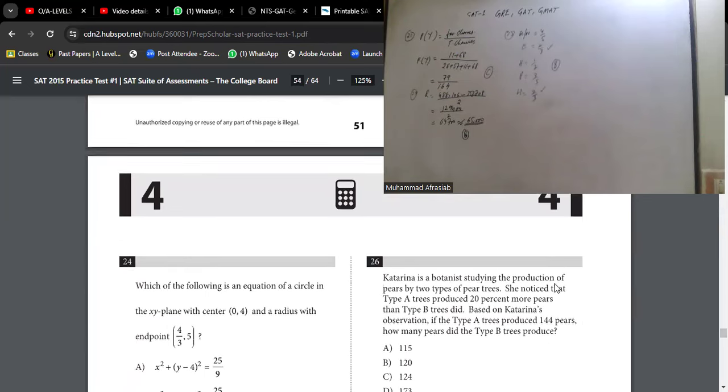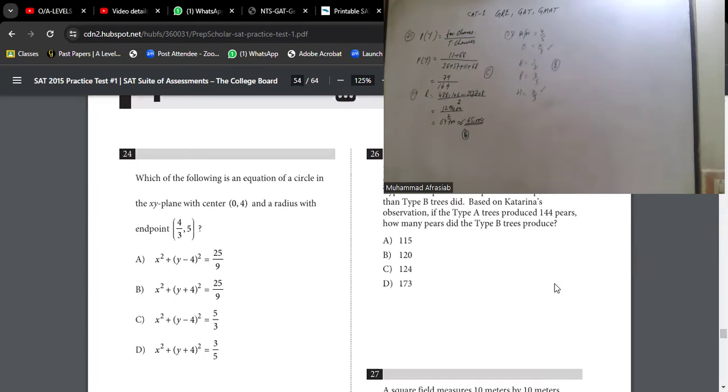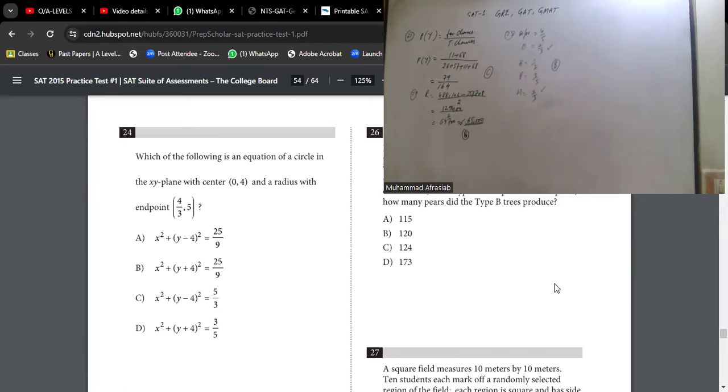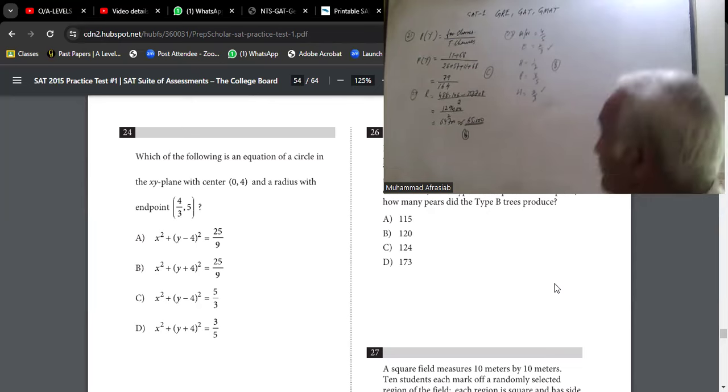Question number 24. Which of the following is the equation of the circle in the xy plane with the center 0, 4 and with the radius with the endpoints as 4 over 3 and 5? Center 0, 4. Question number 24.